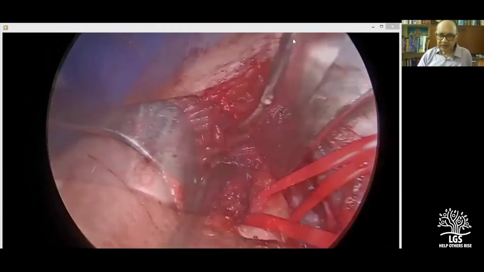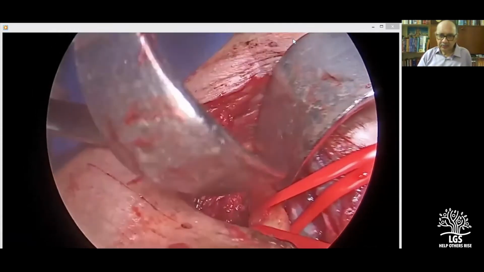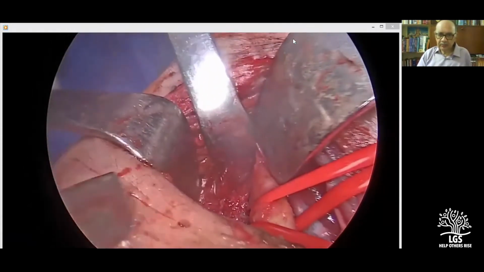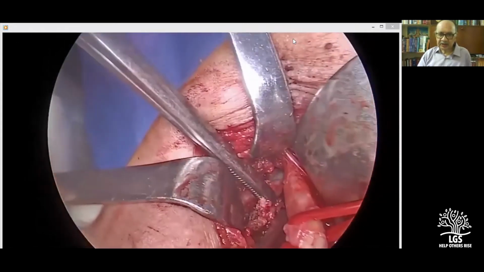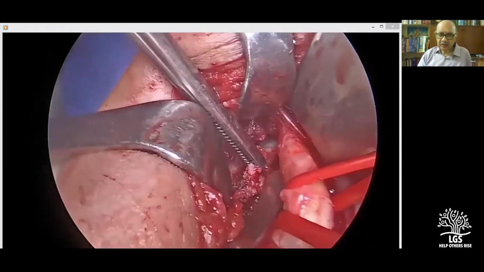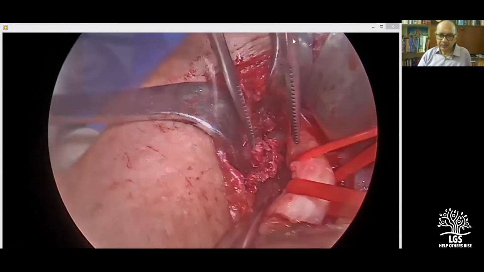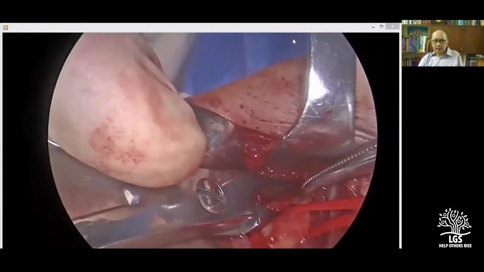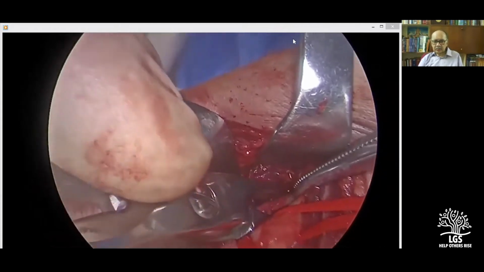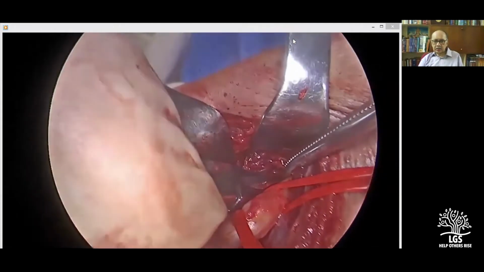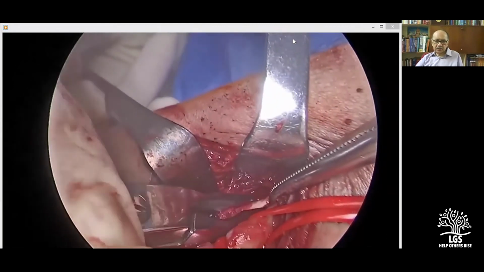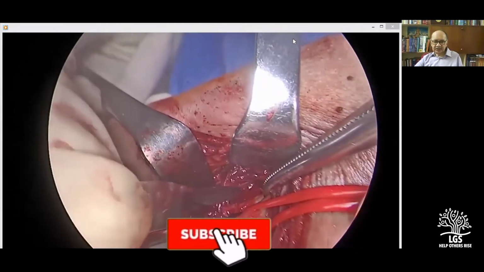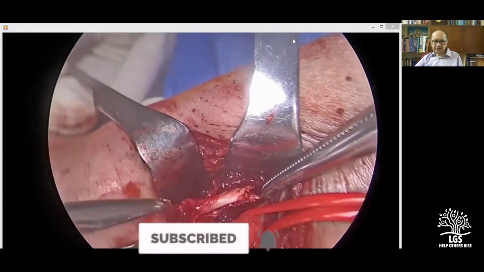Now the bone is nicely seen. That is the stump of the cut extra rib. There are some special retractors for that, but a single Langenbeck is good enough.